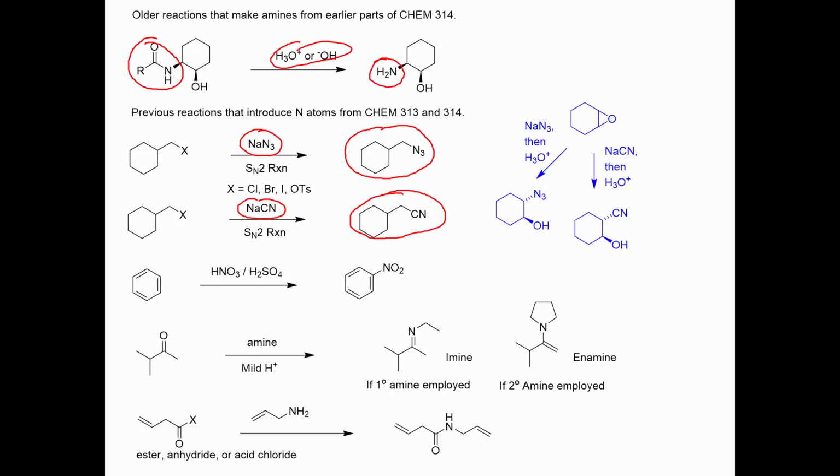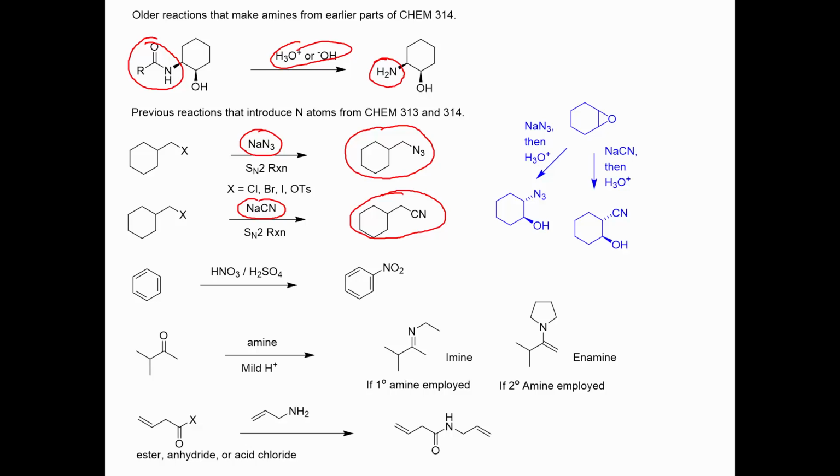These are both examples of SN2 reactions. Everything you know about the SN2 reaction applies to this. It goes best with primary or methyl halides, and tosylates and iodides are the most reactive, more reactive than chlorides or bromides.